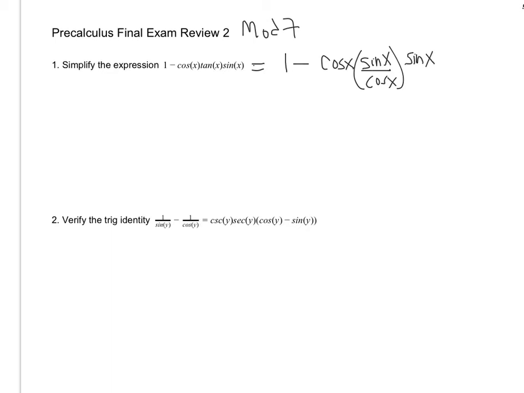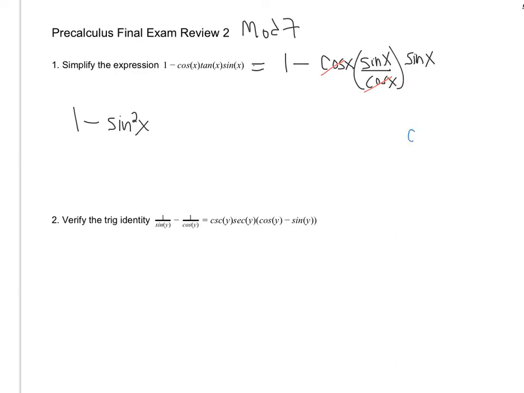The nice thing is we have a cosine on the top and bottom which will cancel out. So what we end up with is 1 minus sine squared x. But there are two very important Pythagorean identity rewrites, and I'll reference them over here.